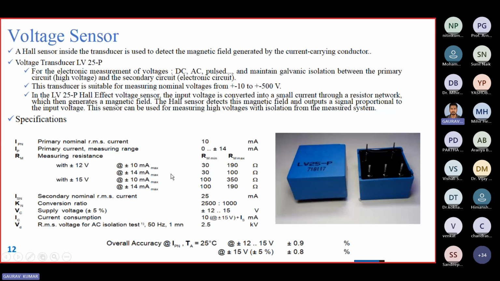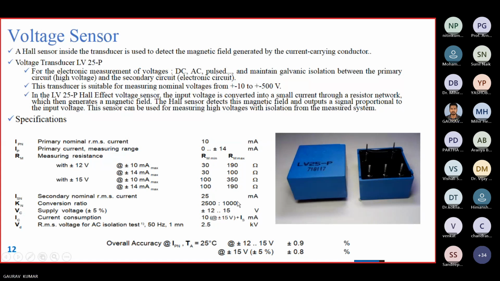For 14 milliampere current, I have to select 30 to 100 ohm. If we supply plus minus 15 volt, then the ranges vary accordingly. The secondary nominal RMS current is 25 milliampere, and the conversion ratio of this voltage sensor is 2500 to 1000. So this is the turns ratio, 2500 to 1000.